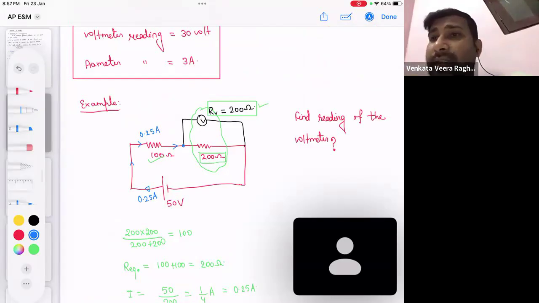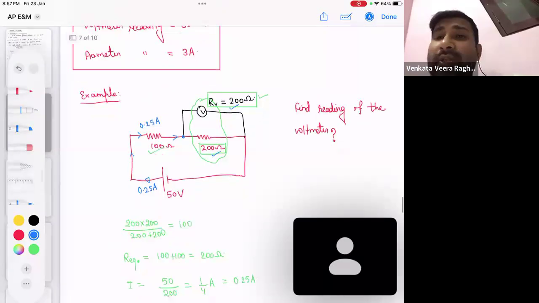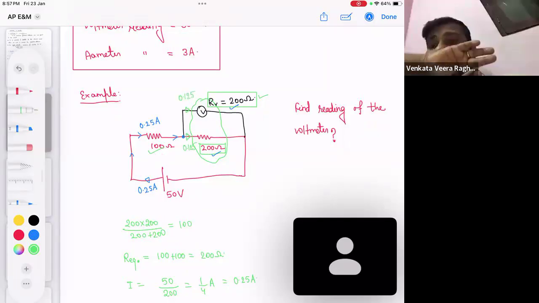If you distribute the current, both have the same resistance in parallel connection, so the current distributes in a 1:1 ratio, or half the current each. This branch will have 0.125 ampere, and this one also 0.125 ampere. Now let me mark this point as x, and this as y.